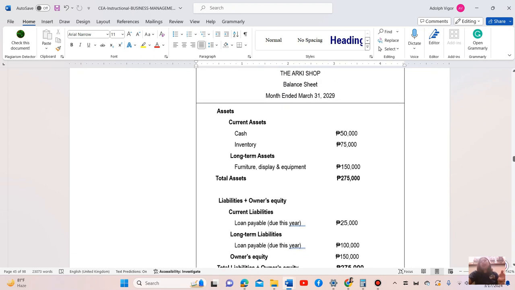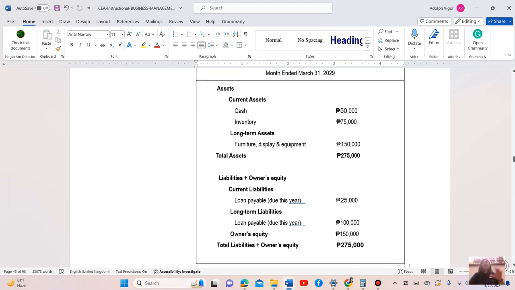For the month ended March 31, 2029. You have assets. Your current assets have cash of 50,000, and your inventory is 75,000. That's your stocks. And your long-term assets, your furniture, display, and equipment, 150,000.